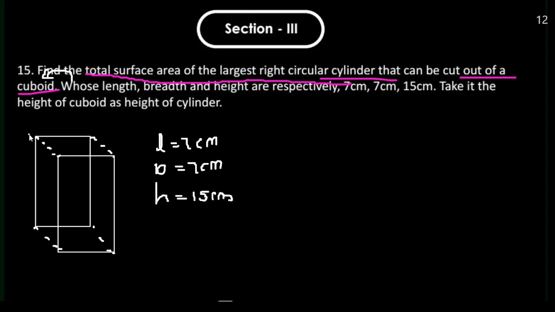And if you see this, it is a square, because its length is 7 and its breadth is also 7. So the length is 15 centimeters, right? So this length is also equal to the height of the cylinder. Now how this cylinder looks like, I'll show you.